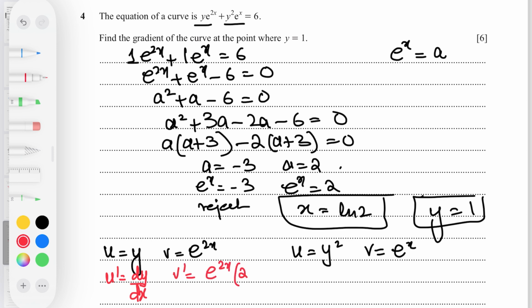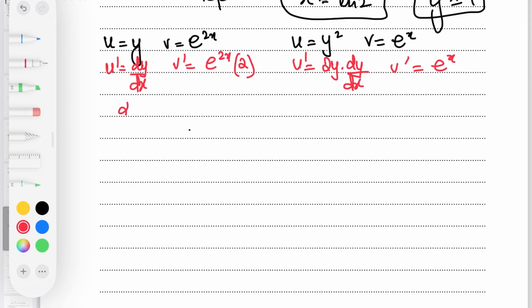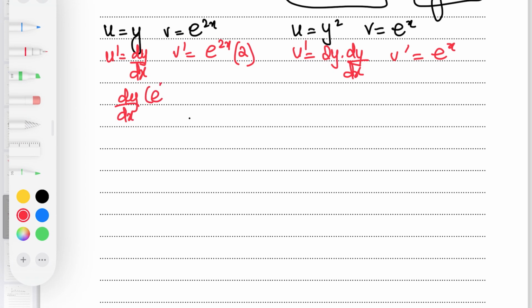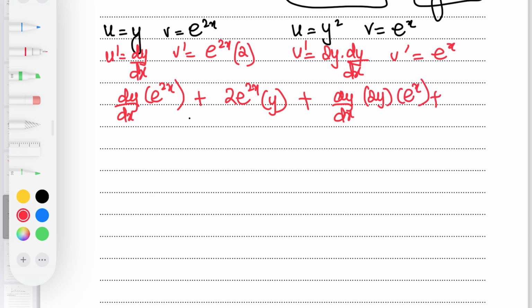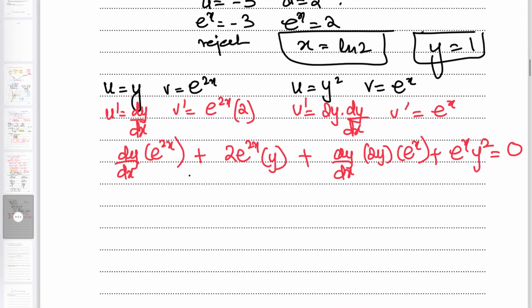Copy it down, multiply by the differential of the power, dy by dx, and v bar will become e^x. u bar v plus v bar u equals 0 because the differential of 6 is 0.